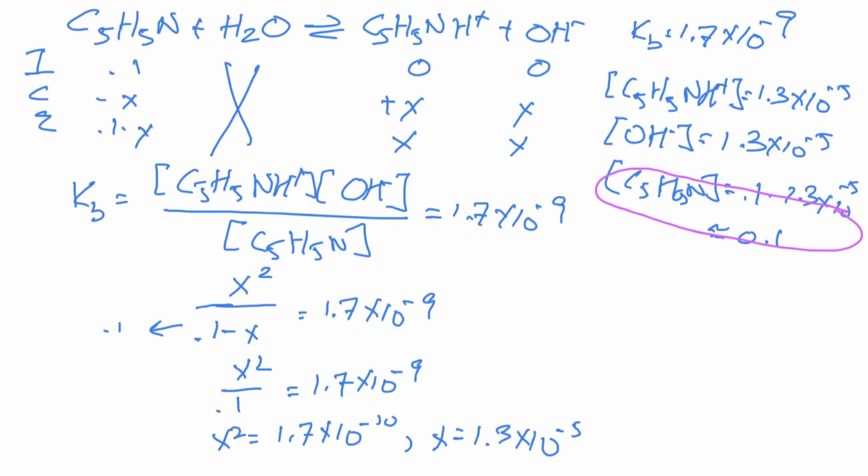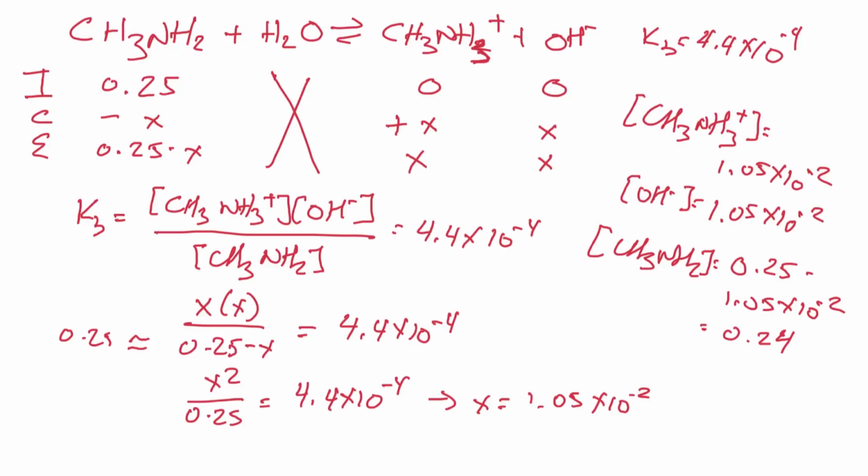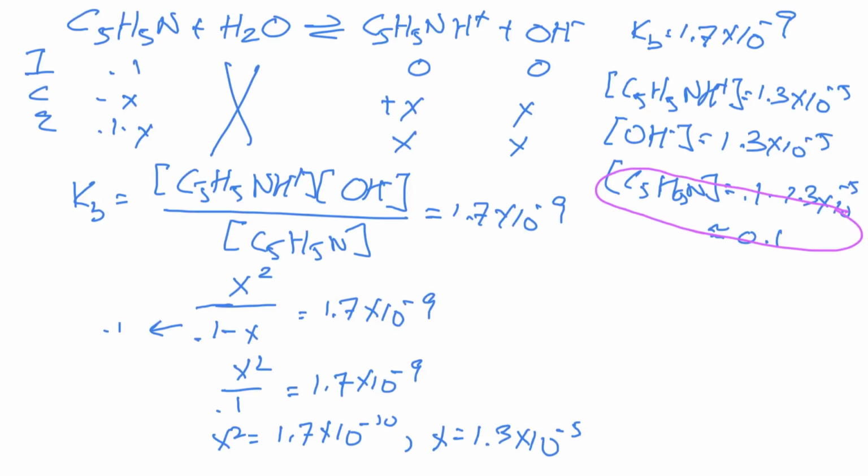The point is that the concentration of OH minus is a lot larger in the first reaction than in the second reaction. So I can basically disregard the second amount for OH minus. The true amount of hydroxide is 1.05 times 10 to the negative 2 plus the amount from the second reaction, but I'm going to neglect that. The final amount of OH minus is really just the one that I get from the first reaction.